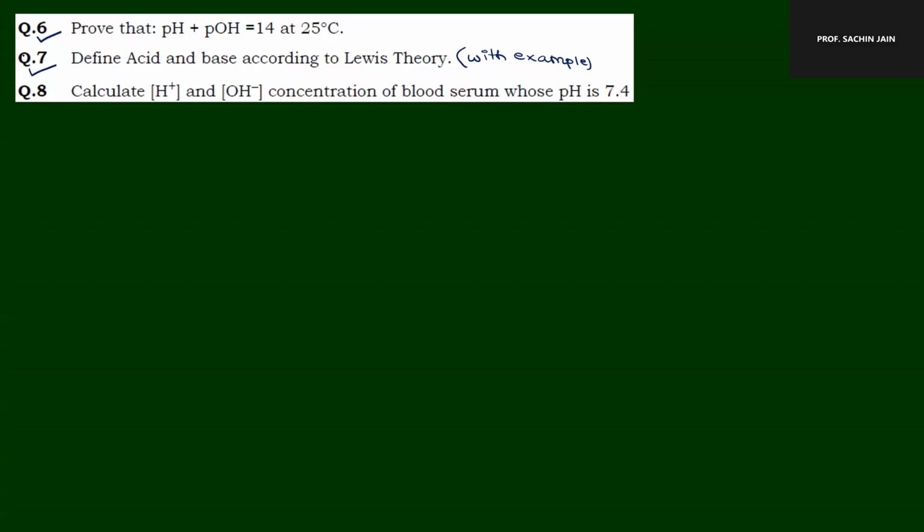So a substance having a tendency to accept a lone pair of electrons is a Lewis acid. Donate a lone pair of electron is a Lewis base. What's the simplest example of Lewis acid you can give? AlCl3. Superb. And Lewis base? H2O. Cyanide है, H2O है, ammonia है, and hell lot of examples we have for the Lewis base.